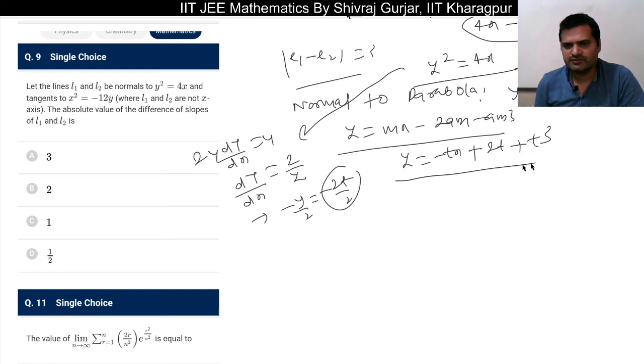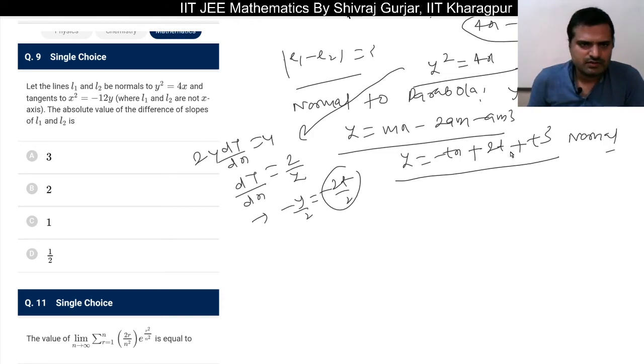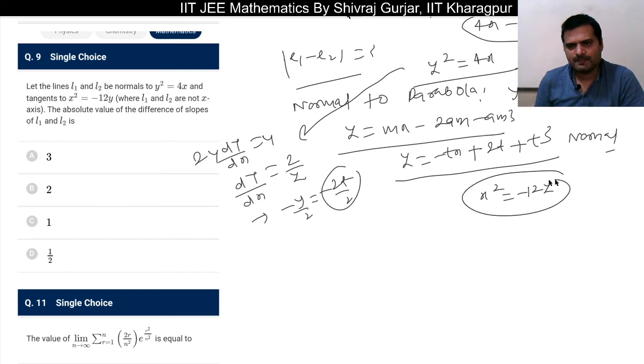So this is the equation of the normal. Now these normals are tangent to x squared equals minus 12y. So x squared equals minus 12y is tangent to it. Let us see the slope of the tangent here. What is its standard form?